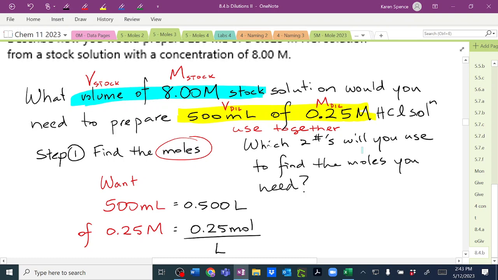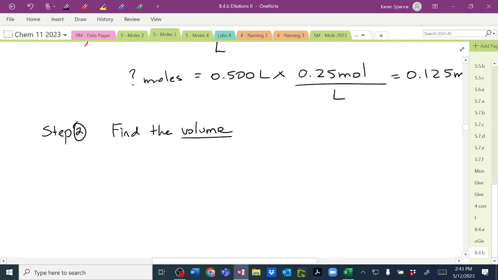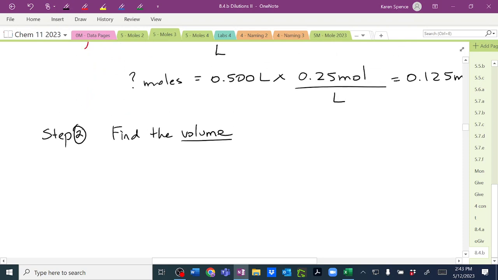Okay, so for this second part, we don't know the volume of the stock solution, but we do know that the concentration of the stock solution is 8 molar. How should I be rewriting that?